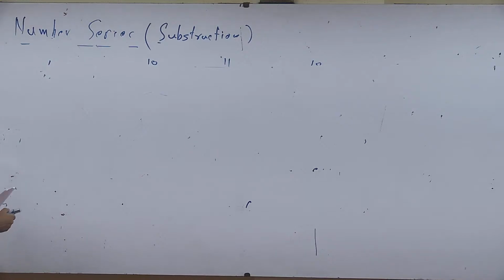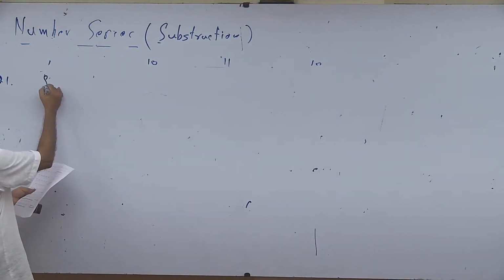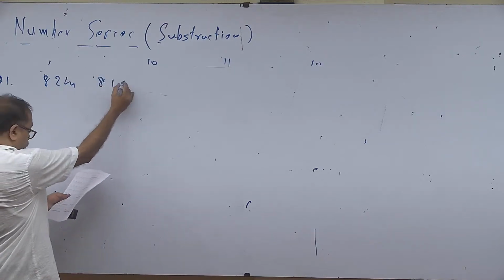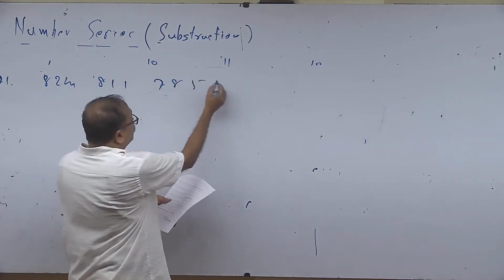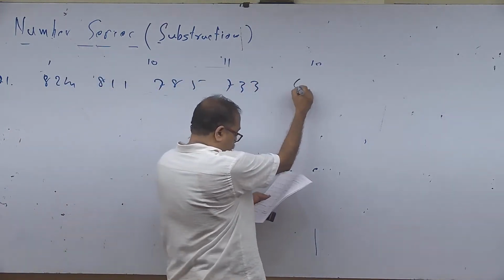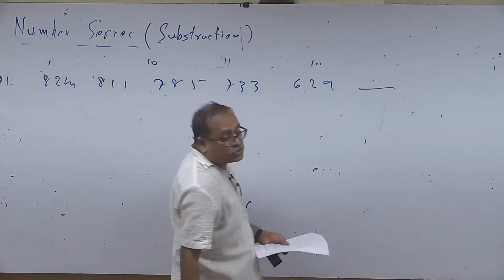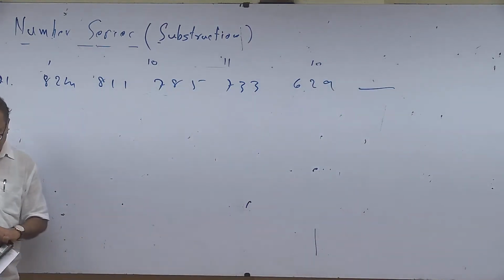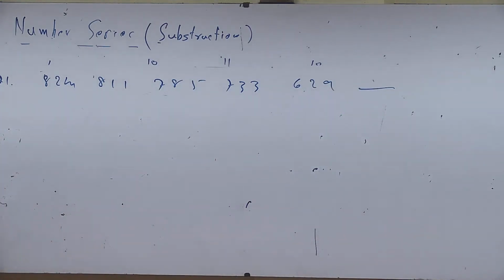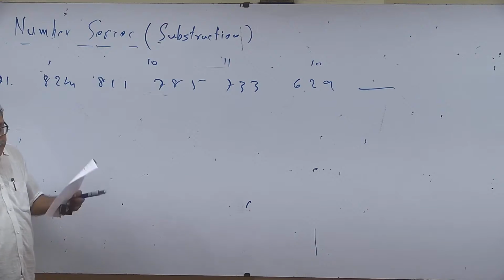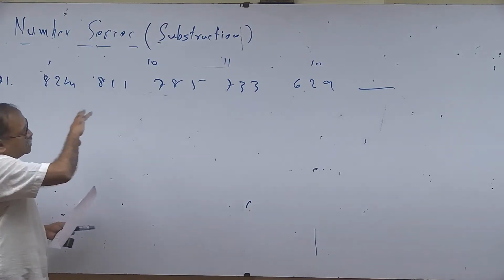So let's write down question 1 in this category: 824, 811, 785, 733, 629, and what is next? Subtraction. So you notice that the numbers are in a descending order.